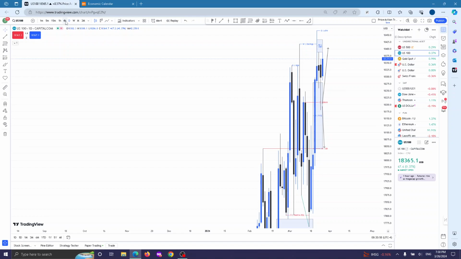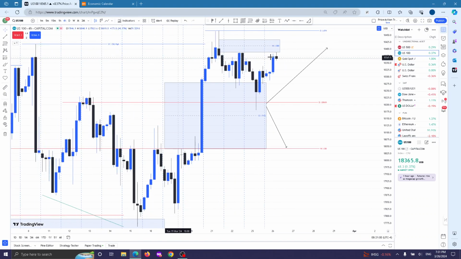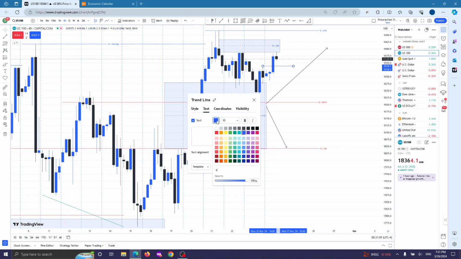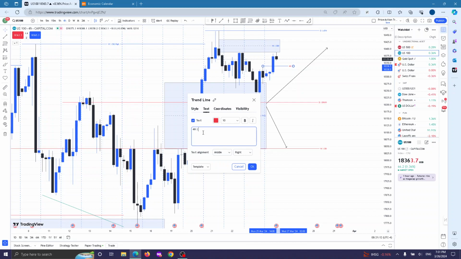Daily. Nothing daily. 4 hour. We have this fair value gap and an order block. Like to see price coming down here. This is a 4 hour OE.